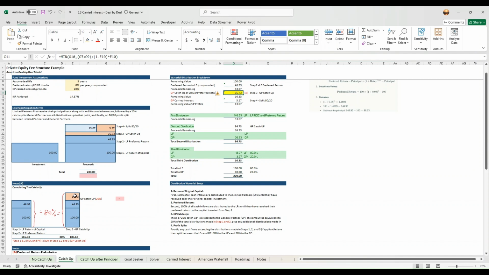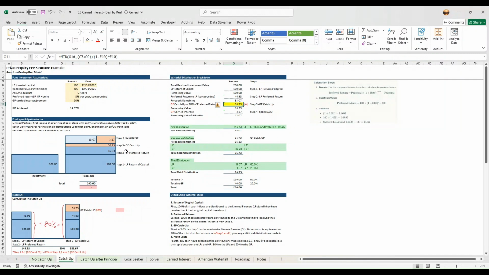This peach block here represents the GP catch-up, which is expected to be 20% of the total distribution, including the GP catch-up itself. To find this, we take return of capital plus preferred return divided by 80%, which equals the total distribution, including this GP catch-up.